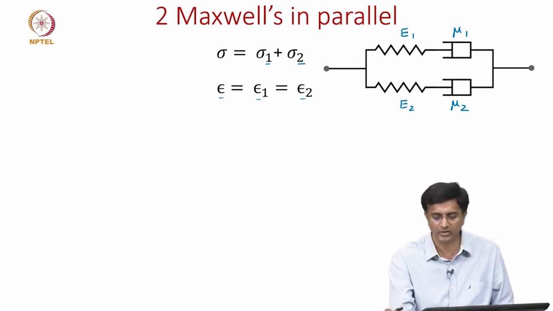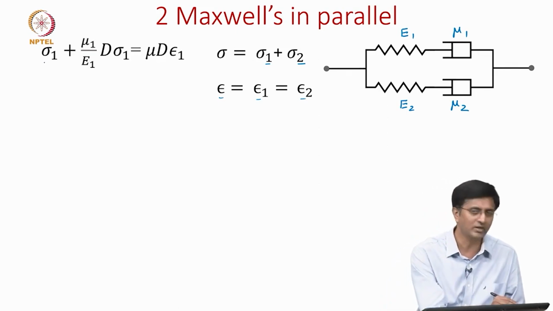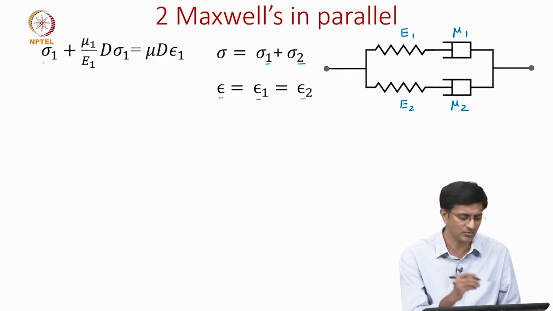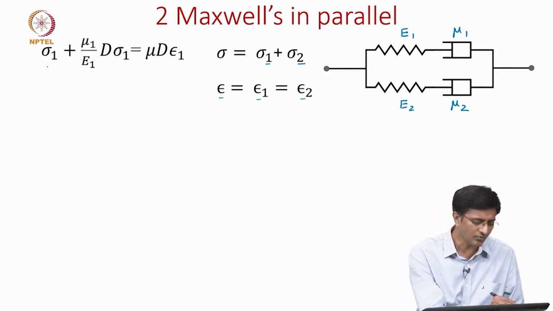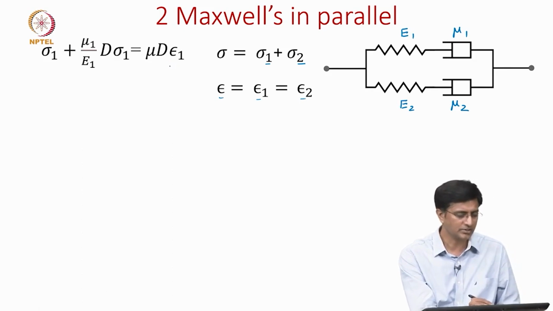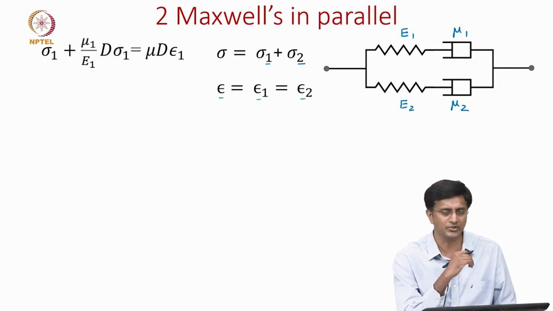First we will look at the first Maxwell model, where sigma 1 is the stress in the first Maxwell and epsilon 1 is the strain in the first Maxwell. Here we have represented the stress strain relations that we have already derived in previous videos.